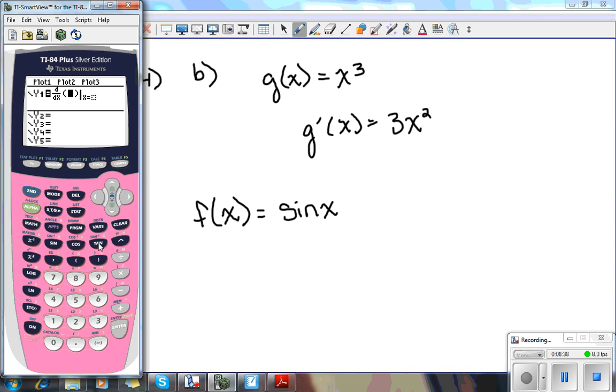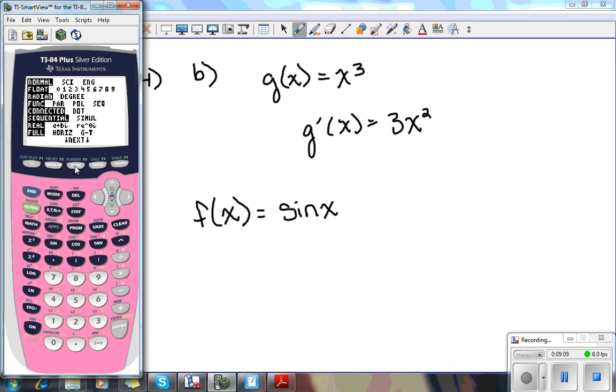Let's put in sine x, and put in an x here. I think I need another parenthesis. Okay, let's make sure that your calculator is in radians, so double check that.